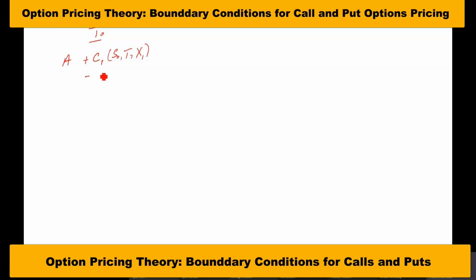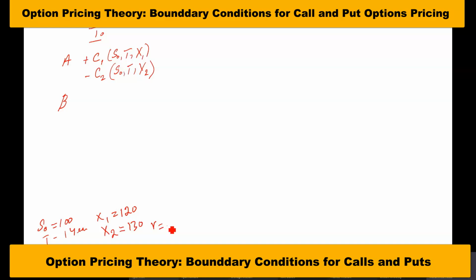Then I have written a call C2, which has the same S0 and T, but the exercise price is X2. Let's suppose the current stock price is 100, the time to expiration is 1 year, X1 is 120, and X2 is 130.